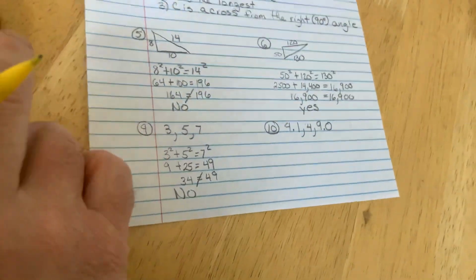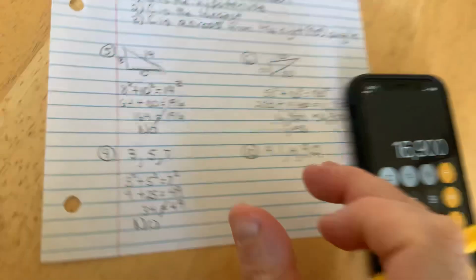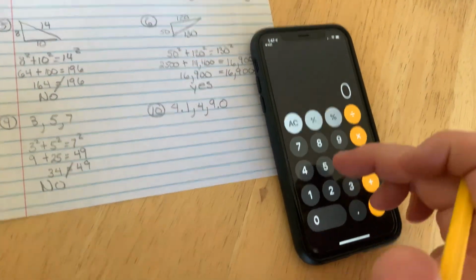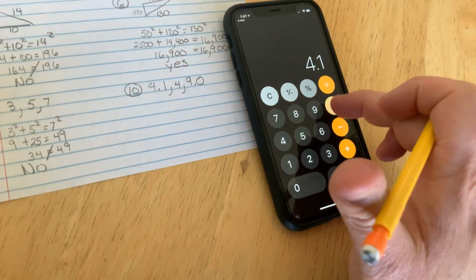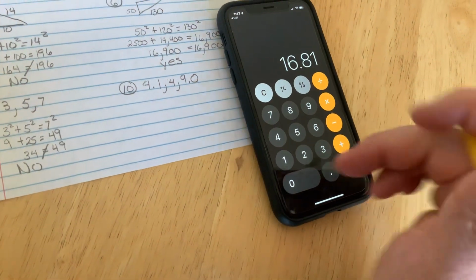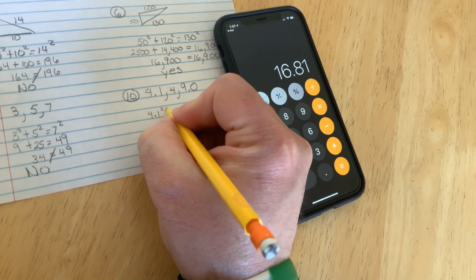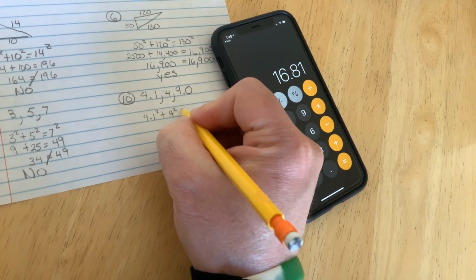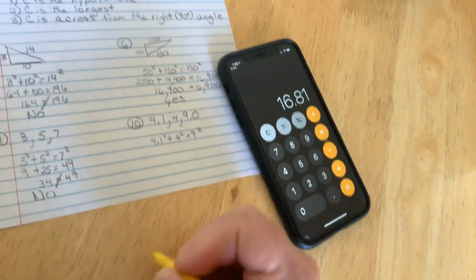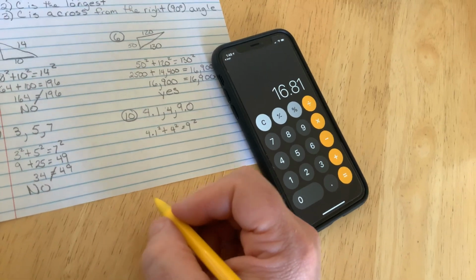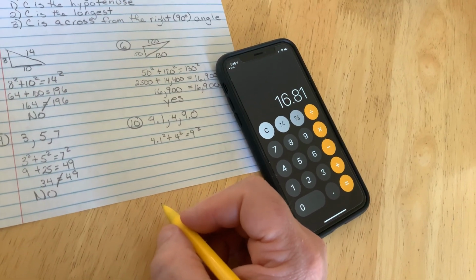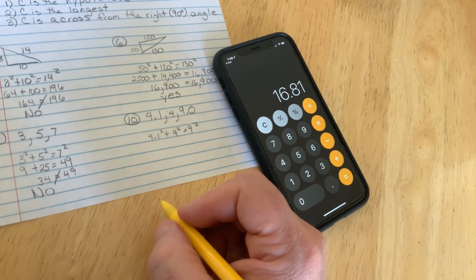Now for number 10, again I'm going to use a calculator. 4.1 times 4.1, because we're going to say, does 4.1 squared plus 4 squared equal 9 squared? Again, we're using a squared plus b squared equals c squared.